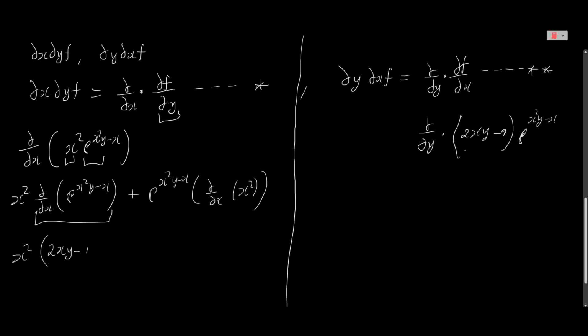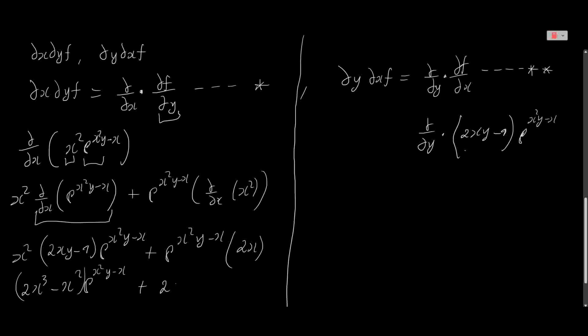We saw that from above to be x squared y minus x. If you are not sure, just recalculate it, plus e raised to the power x squared y minus x multiplied by 2x. Simplifying, this will be 2x cubed minus x squared, e raised to the power x squared y minus x, plus 2x e raised to the power x squared y minus x.